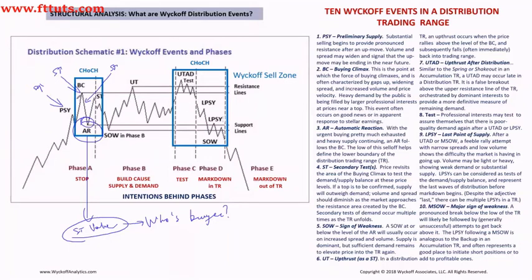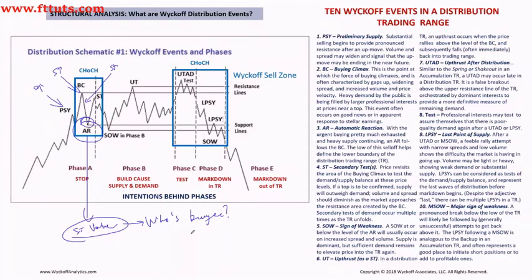But I don't see how strong institutional hands would be buyers on the change of character low in the distributional formation. Their goal and intention at this point is just to scale out, to sell.